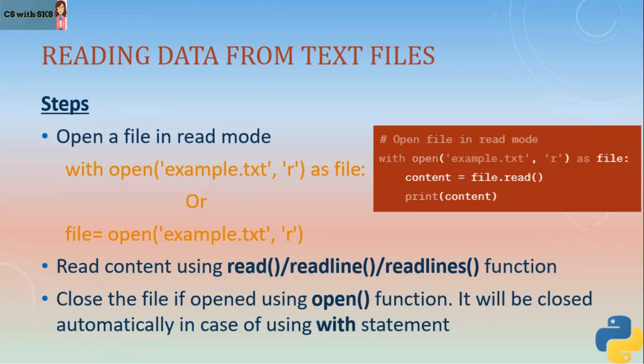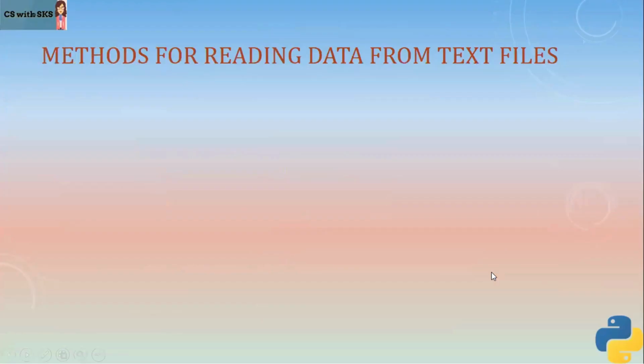The same steps will be used when you are writing into the file or appending something into the file. You need to open the file, do whatever work you want to do, whether it's reading or writing, and then you have to close the file. So these are the steps, and let's just look at these functions, read, readline, and readlines, and then we will go to the Python shell to understand this in detail.